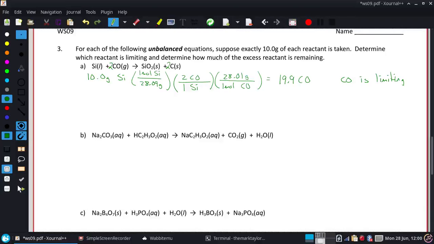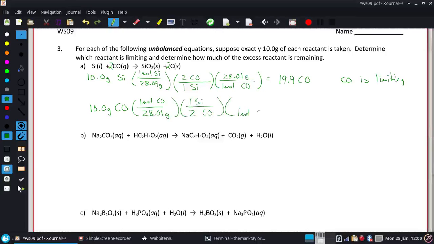All right, but unfortunately, this number doesn't help us to know how much is in excess. So to figure out how much is in excess, we've got to do the second calculation, this time using 10 grams of our limiting reagent, the carbon monoxide. There are 2 carbon monoxides for every 1 silicon, and then 1 mole of silicon is 28.09 grams.